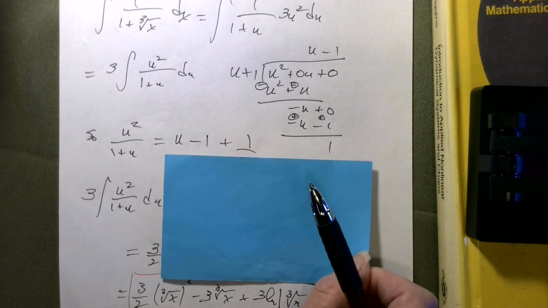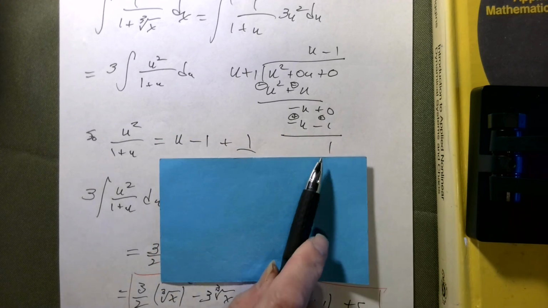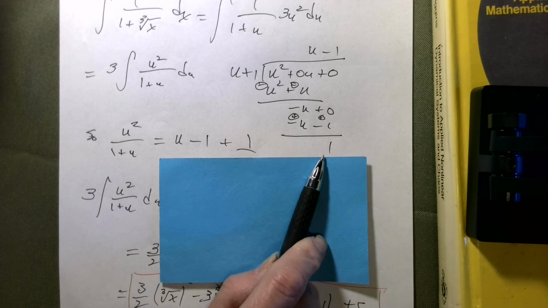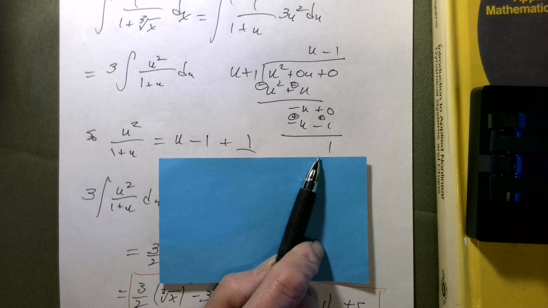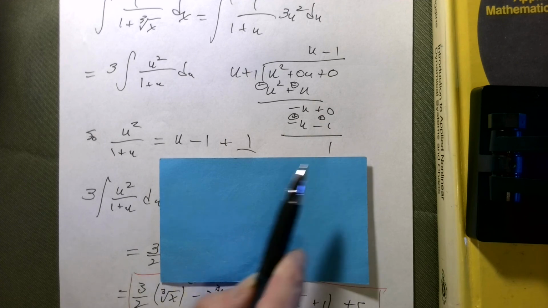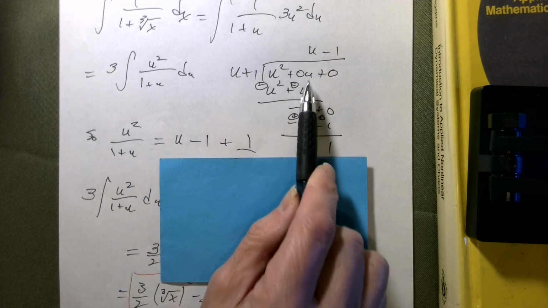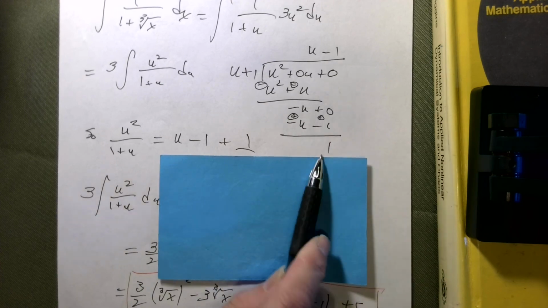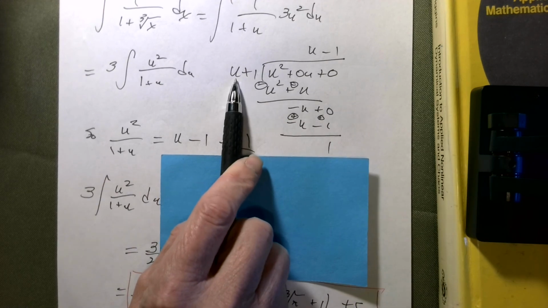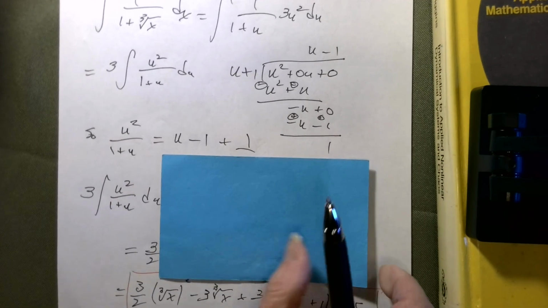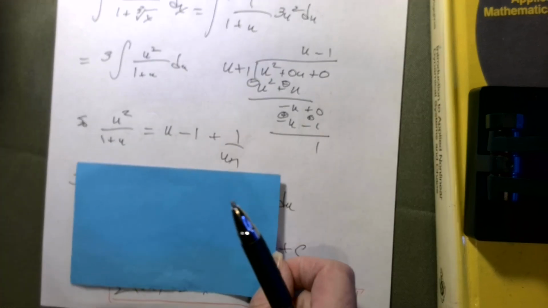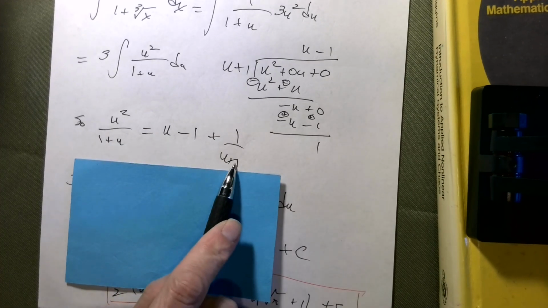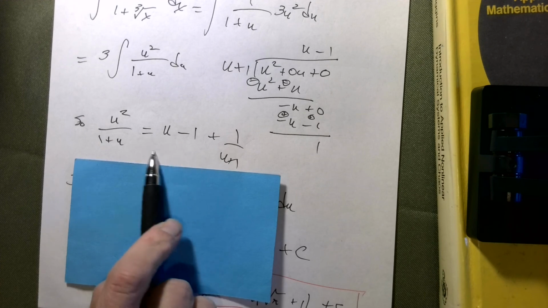And I subtract, and I'm left with a remainder of 1. So now what I've got is that this divided into this is this with a remainder of 1 over this. This is nothing more than long division. And so now each of these can be integrated relatively easily.